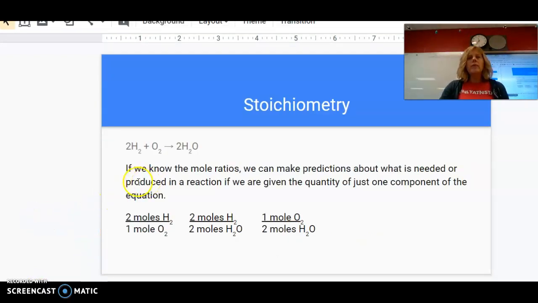So what this means is if we know the mole ratios, we can make predictions about what is needed or what quantities can be produced if we know some of the quantities, okay? So I think one really easy, super simple example of this.